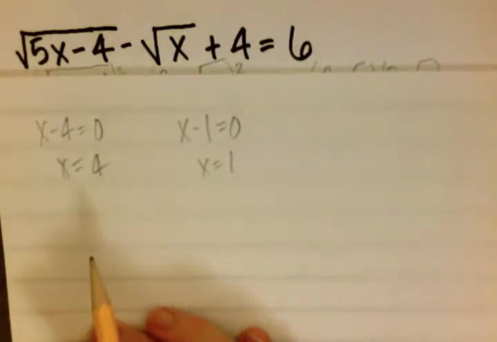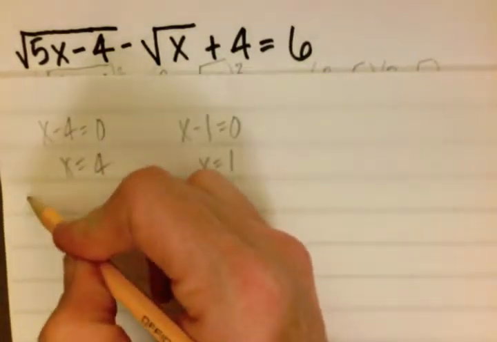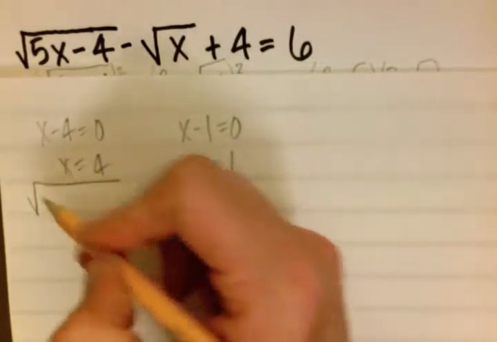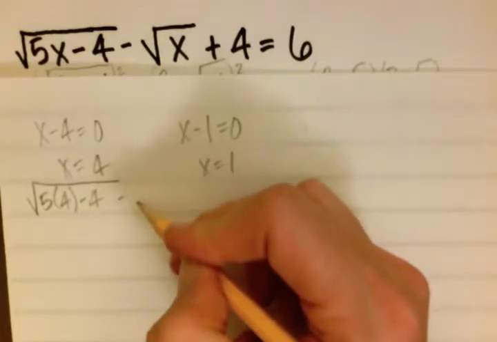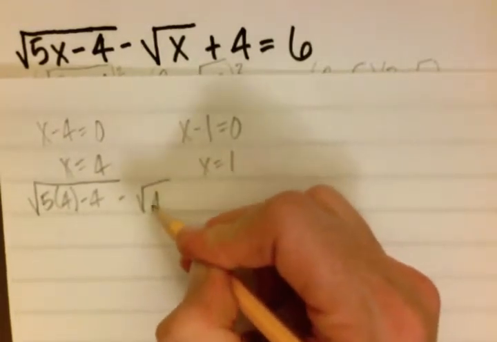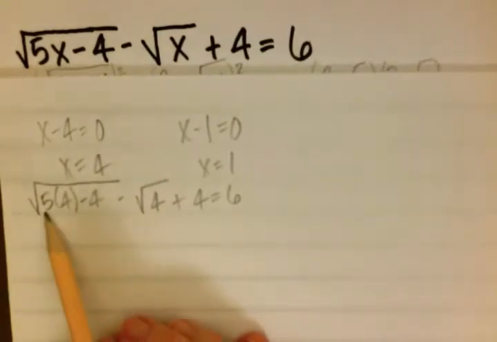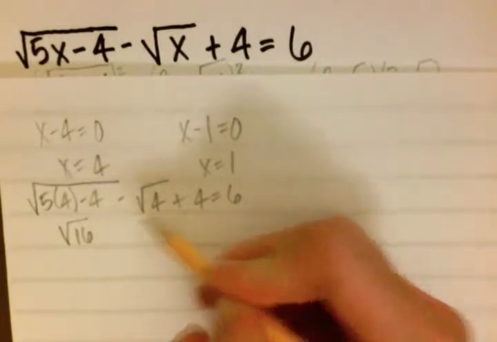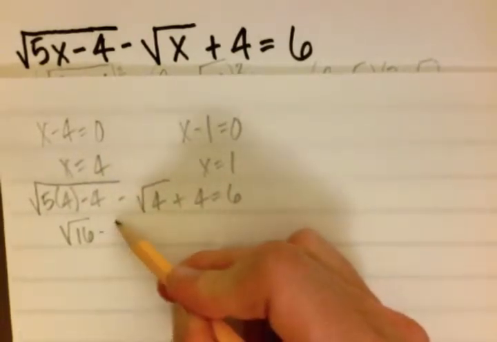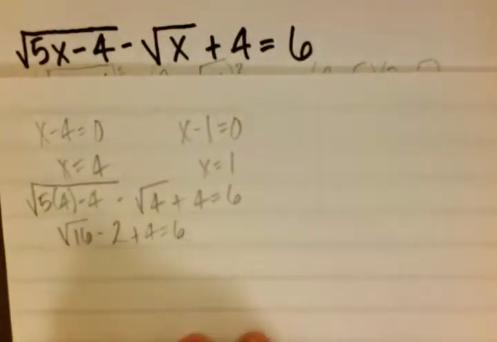I'm not going to do this work for you. Maybe I should. So when we do that, we get the square root of 5 times 4 minus 4 minus the square root of 4 plus 4 equals 6. So this is going to be 20 minus 4, that's 16. So we have the square root of 16 minus the square root of 4, so we know that's 2, plus 4 equals 6.